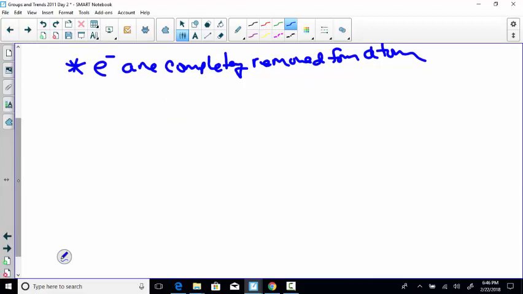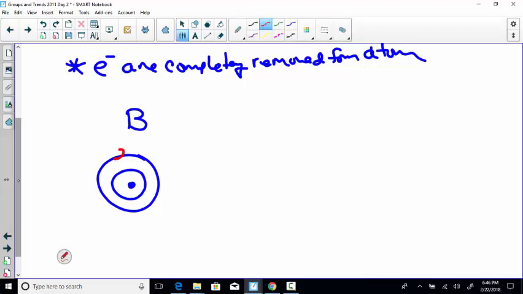But I can do the same thing to a boron atom. A boron atom has a nucleus and it has 3 electrons: 1, 2, 3.